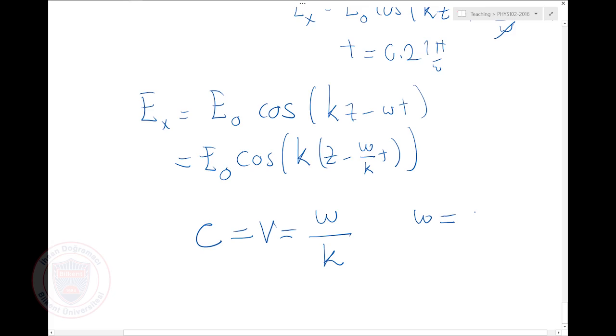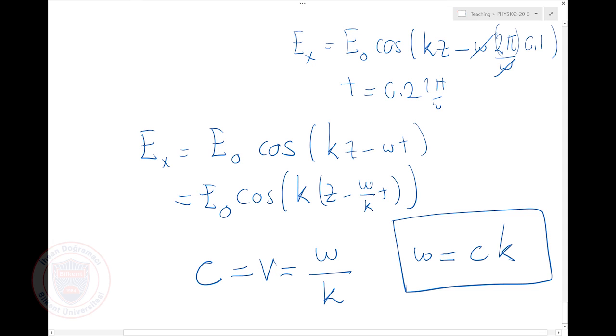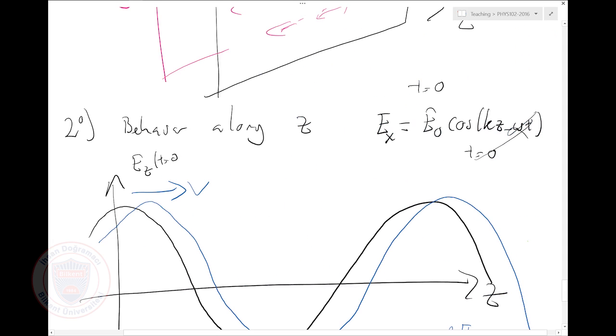This has to be the speed of light. My frequency is C times K. What is K though? If I go back, this was just cosine KZ. So what's the distance between two peaks of my electric field? K times Z must be 2 pi, right?